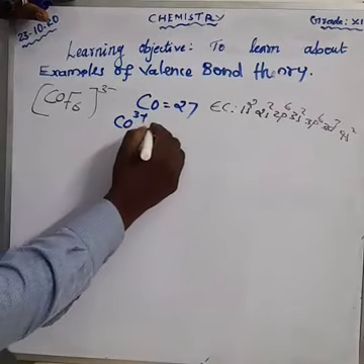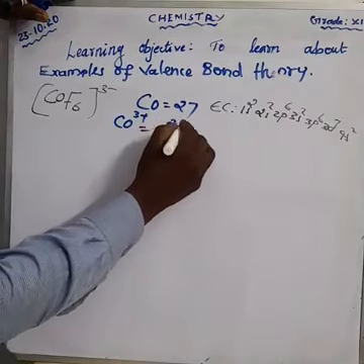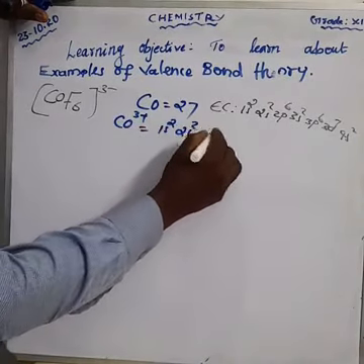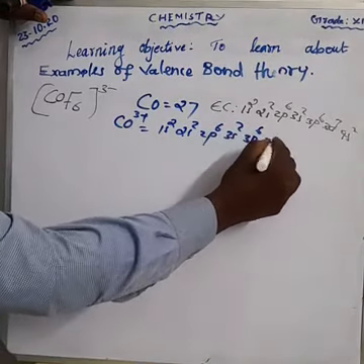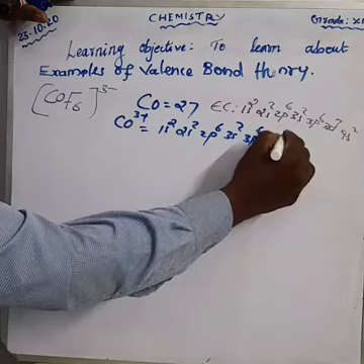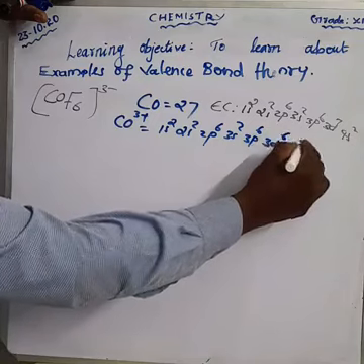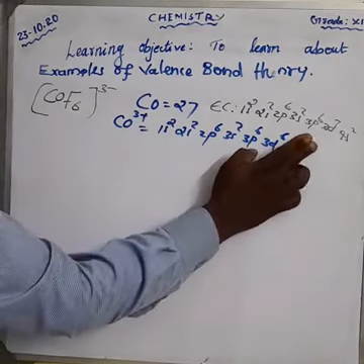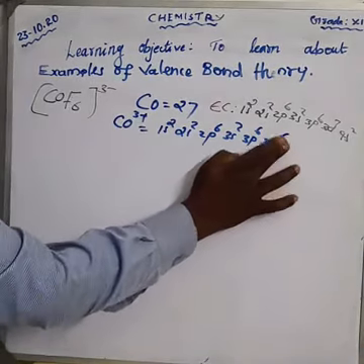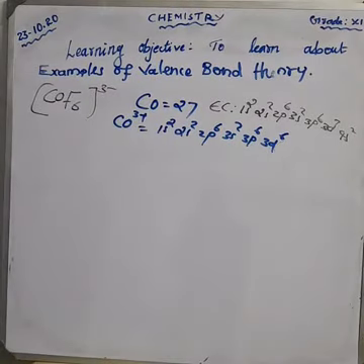That is 1s2, 2s2, 2p6, 3s2, 3p6, 3d6, 4s2. Okay, sorry, 4s2 is leaving out, so we get 3d6. Then, how will you draw the orbital diagram?